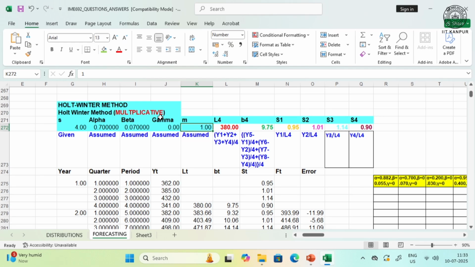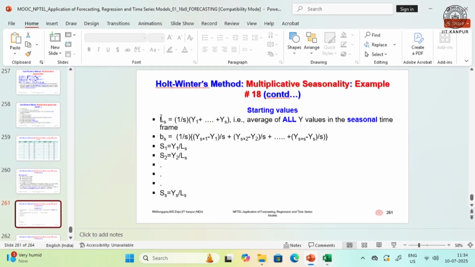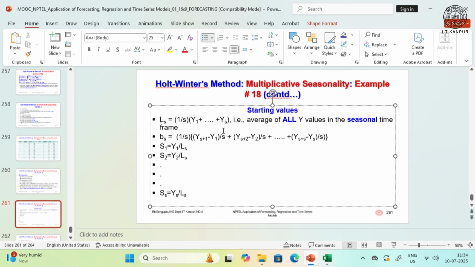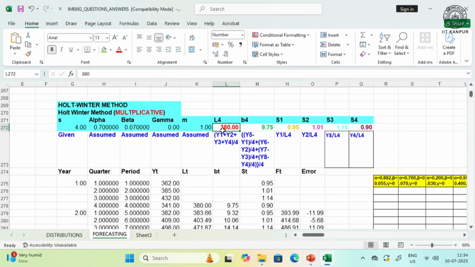Now come back to L. If you go back to the PPT slide, it says that LS is equal to the average of Y1 to YS. So, you have to consider one cycle of seasonality here. Let me highlight.